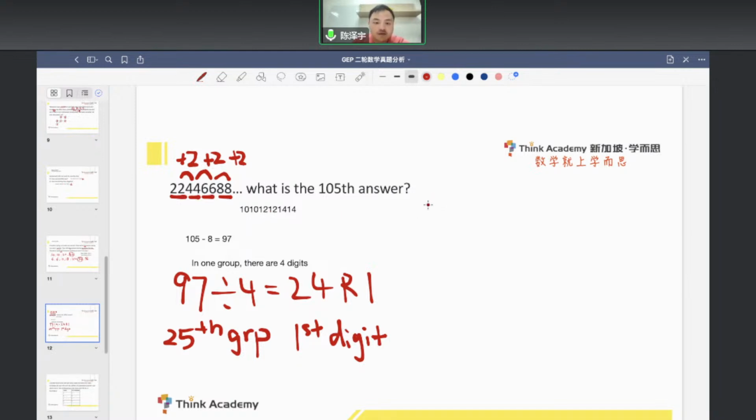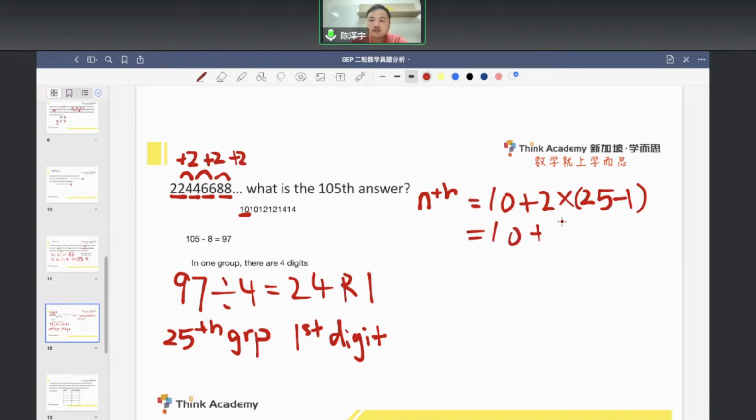To find the first number of the 25th group, I can treat it as 10, using the arithmetic formula: the first number plus the difference times n minus 1, which is 25 minus 1.